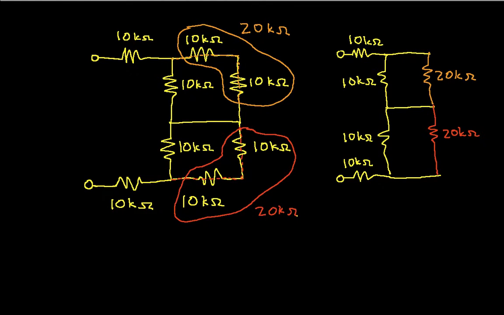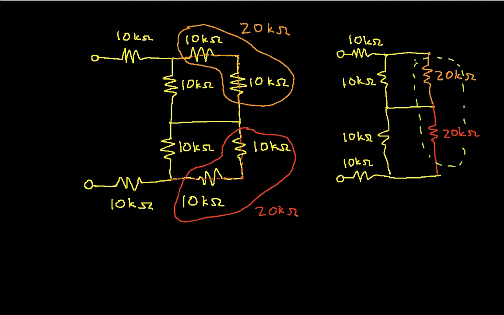Now we want to see if we can find some series or parallel combinations. At this point, I'm guessing about a third of you watching this video will look at these two and say, oh, they look to me like they're in series because we have this one on top of this one.